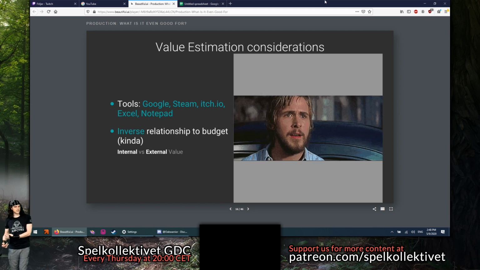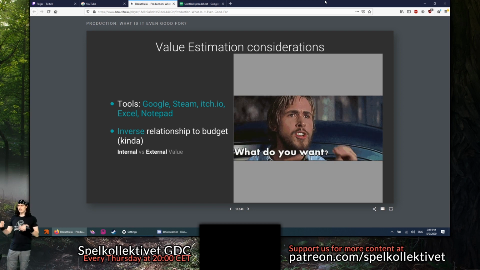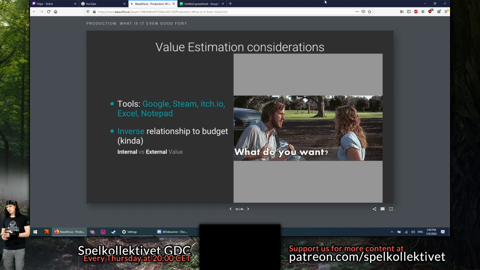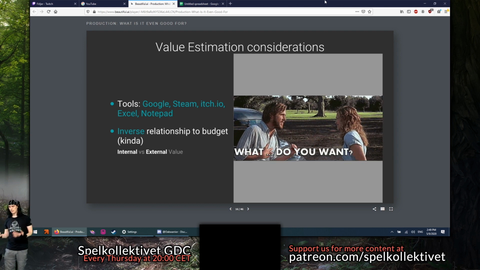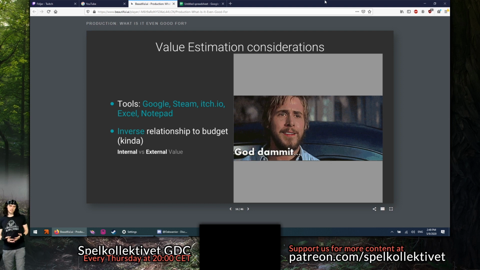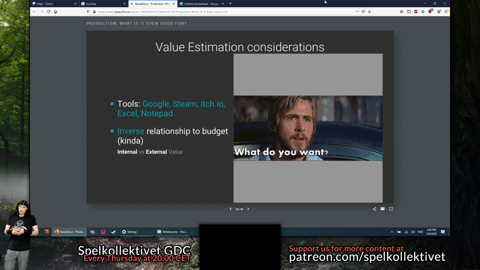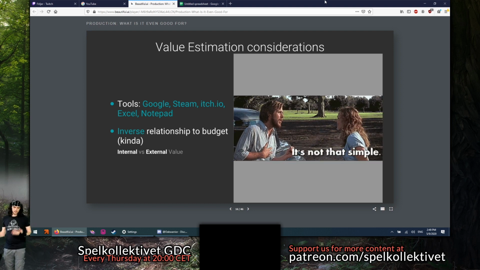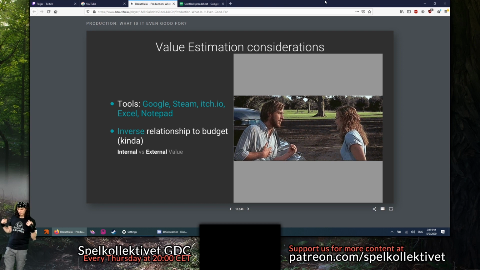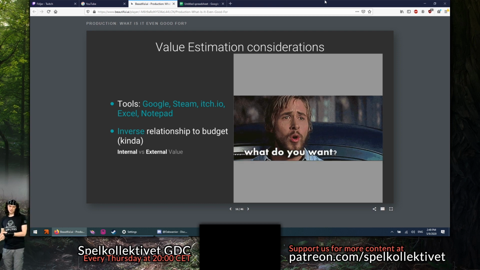And in this case, it's not about the internal stuff. It's now going to be about the external stuff, the stuff that the player sees. So when you're budgeting, you're doing bookkeeping for your company or yourself, trying to figure out how you pay rent and how you get food on the table.